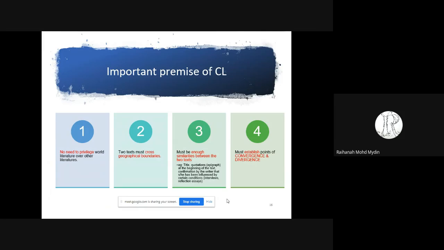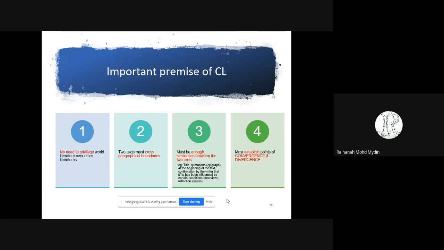And just very quickly, going into the methodology of it, you must try to ensure that there are enough similarities between the two texts. Last week, I talked about fixed variable and more fluid variable, right?